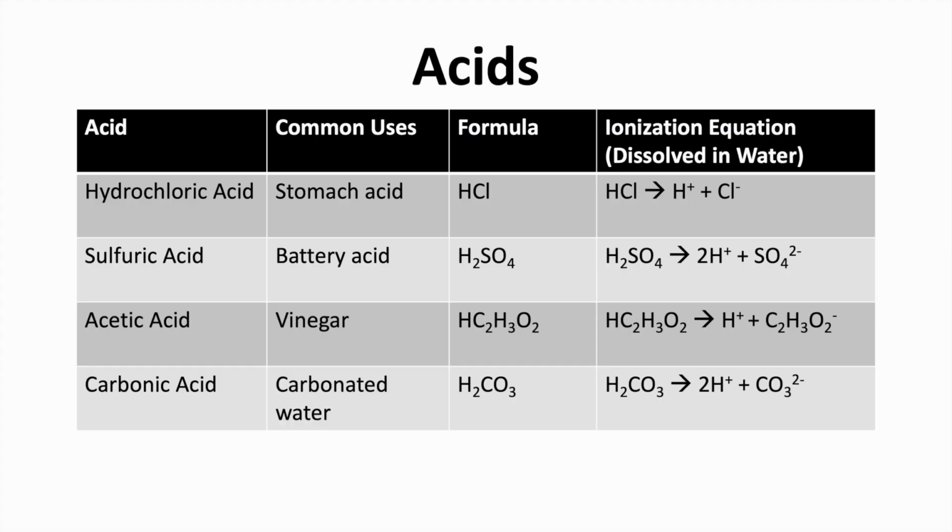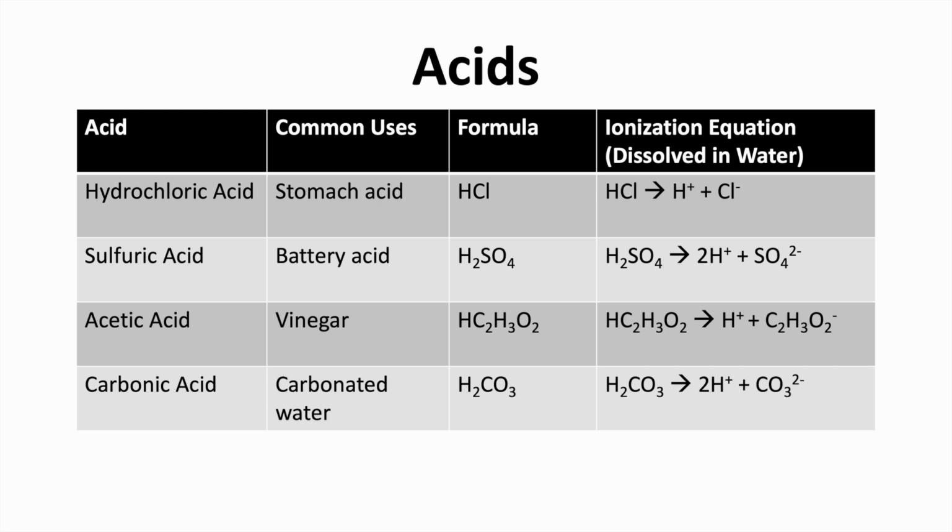So first off, let's look at some common examples of acids. Hydrochloric acid, HCl, is the acid that's in your stomach that dissolves food. Sulfuric acid, H2SO4, is the kind of acid you're going to find in a car battery. Vinegar is also an acid, specifically acetic acid.